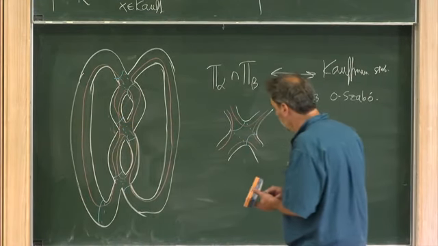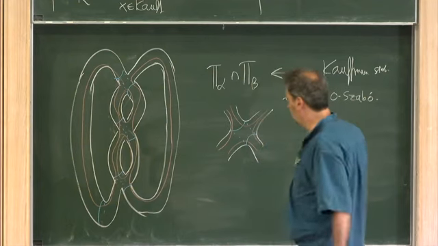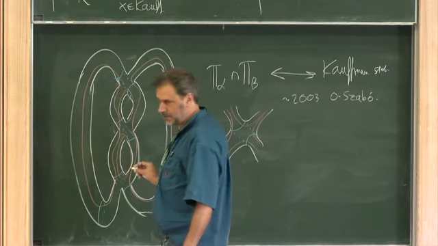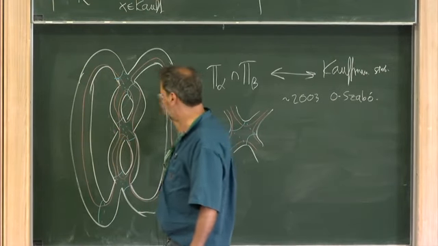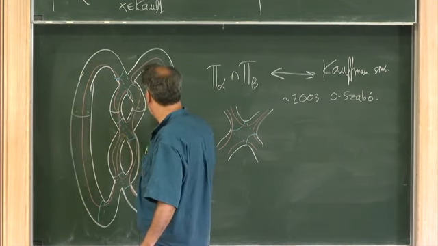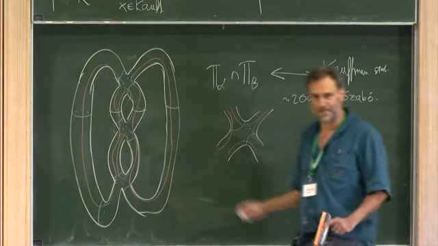Okay. So the basic project here, as Zoltan explained, was that we would like to take this Heegaard surface and degenerate it. And we're going to have a very specific type of degeneration.